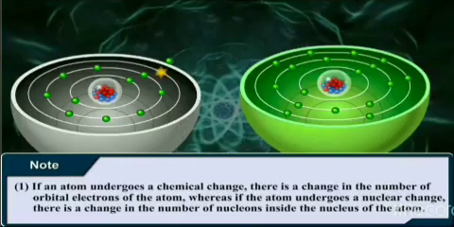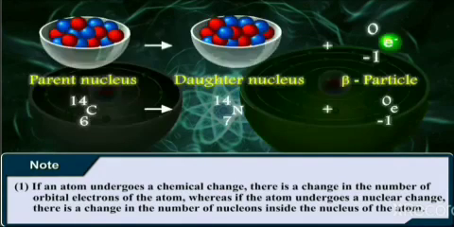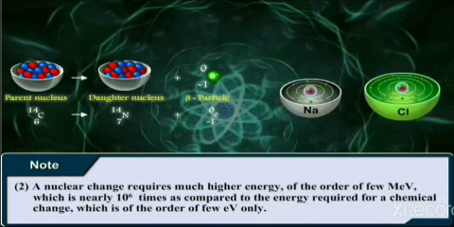1. If an atom undergoes a chemical change, there is a change in the number of orbital electrons of the atom, whereas if the atom undergoes a nuclear change, there is a change in the number of nucleons inside the nucleus of the atom. 2.